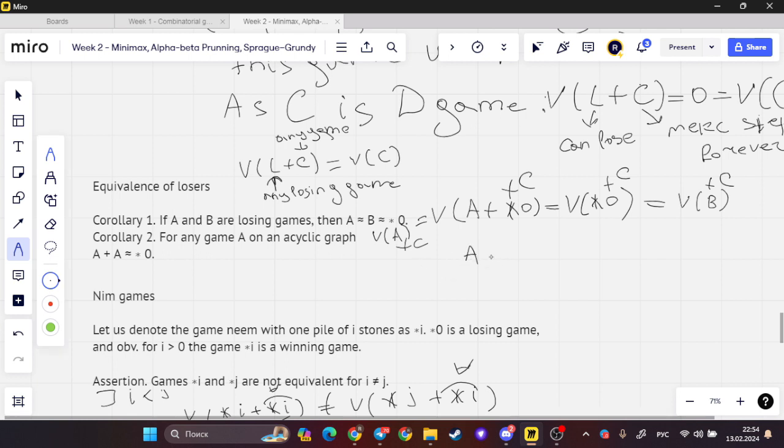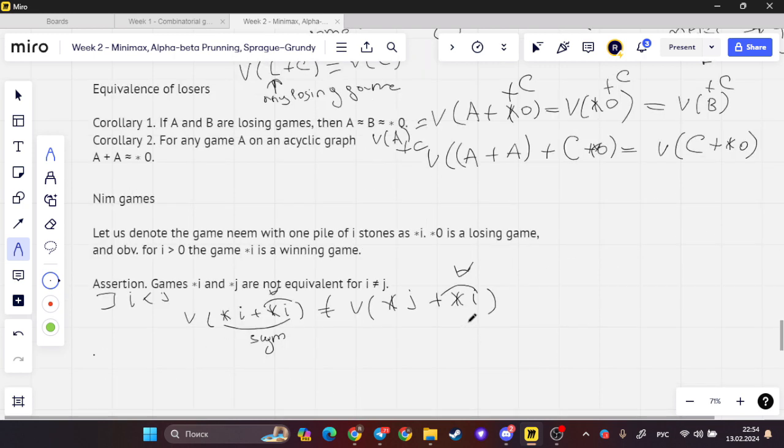Okay, it means this: C plus null is equivalent to C plus null. It means commutativity. Using commutativity we prove that A plus A is equivalent to star null.